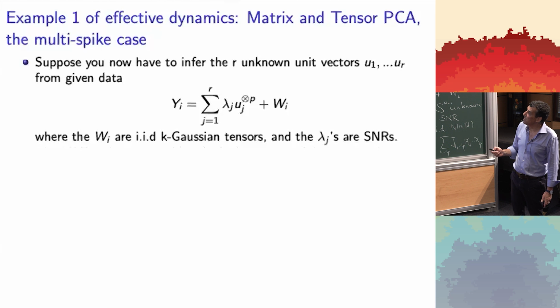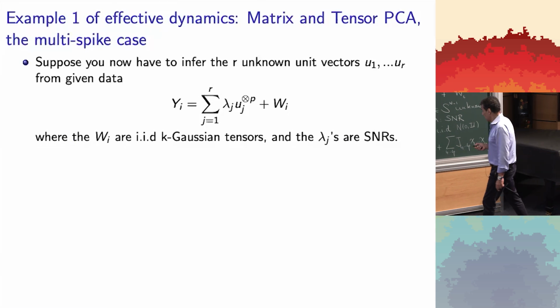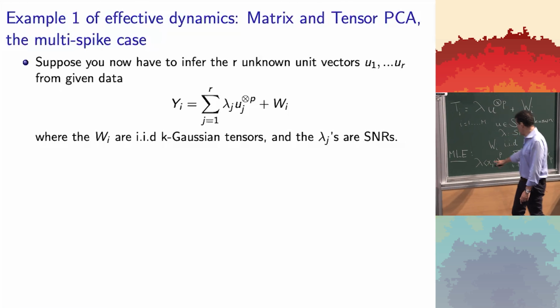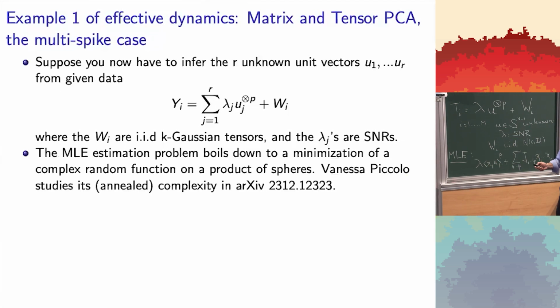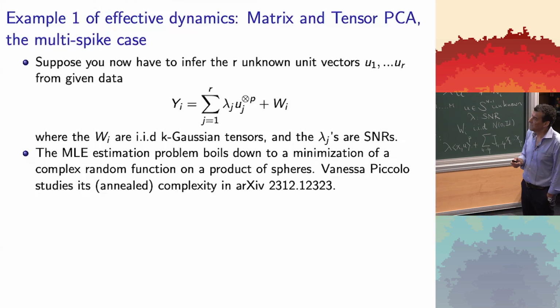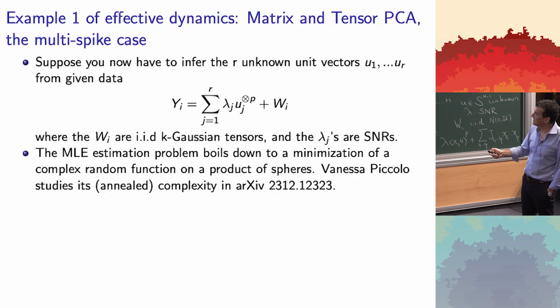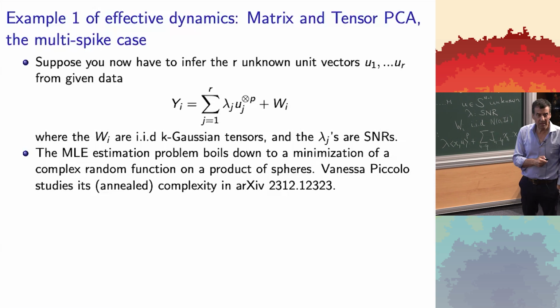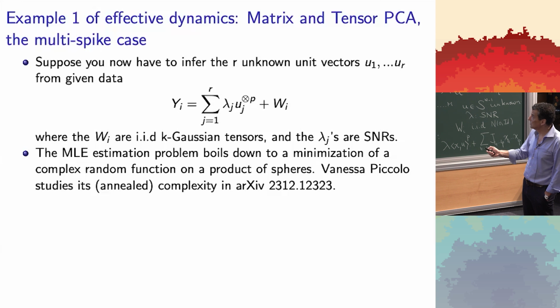So you do the same thing. You do the MLE estimation, like we explained here. And here you obtain something more complicated, but which is still related to spin glass things. So this has been done. Going back to the topological question, this has been done by Vanessa Piccolo, a student of Alice Guillonnet and myself, in a paper which is now a year and something old.